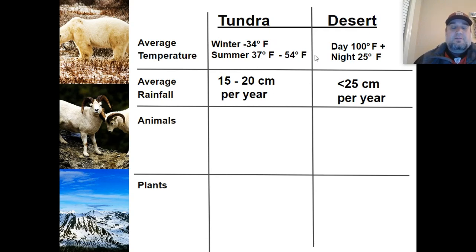So 15 to 20 centimeters. What that looks like, think about a 1 foot ruler. A foot is longer, so you're getting less than a foot of water a year. So very little amounts of water.